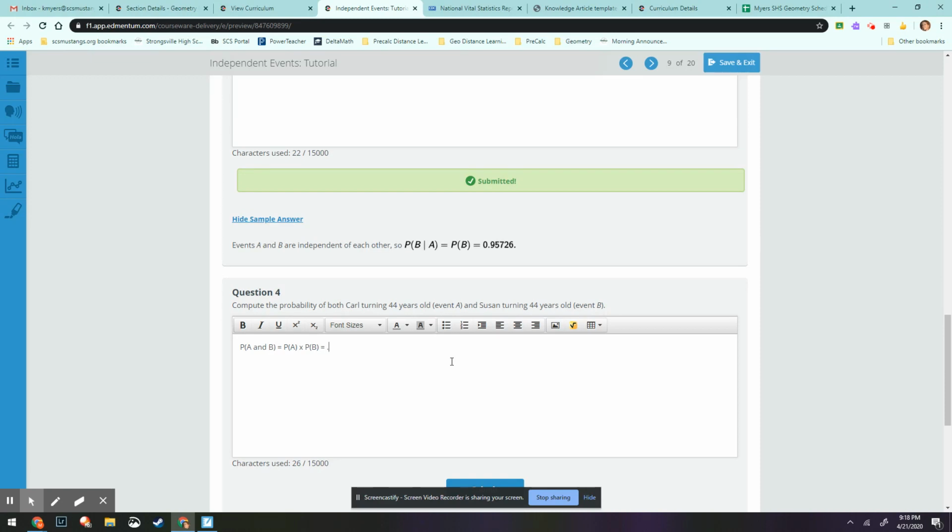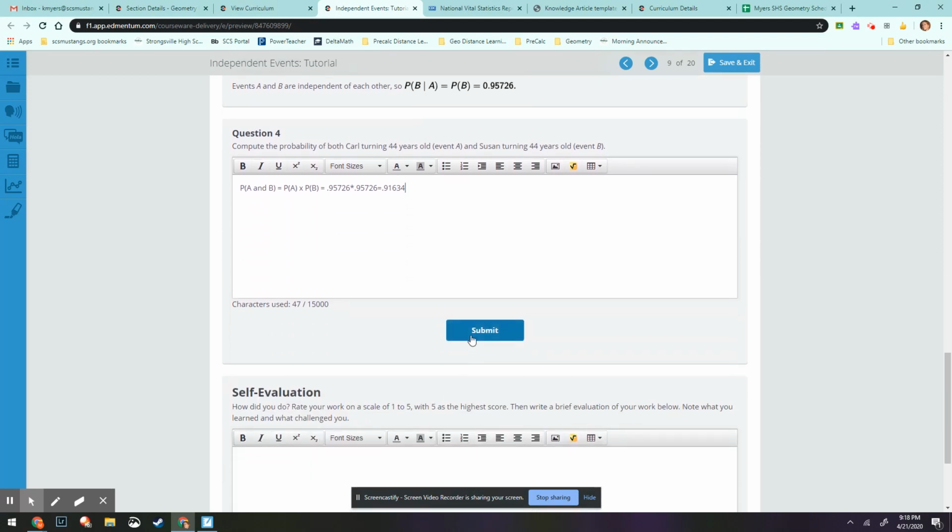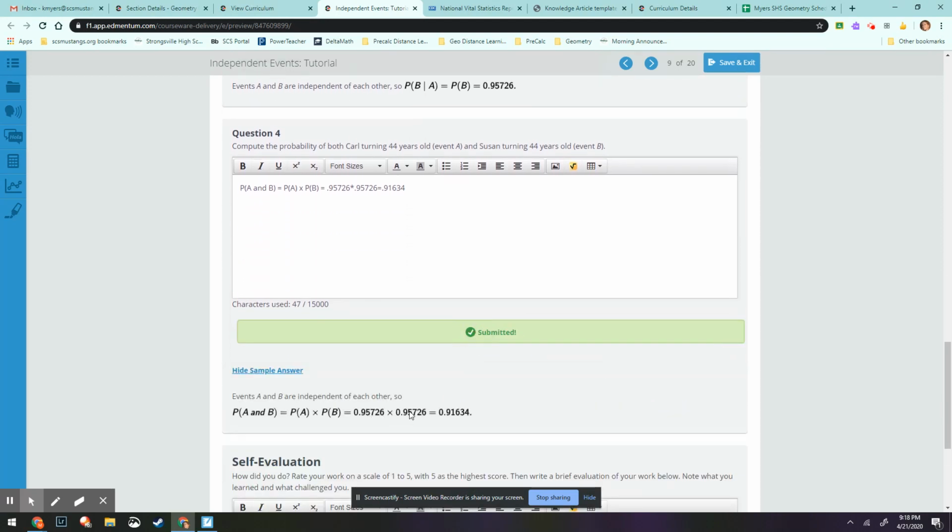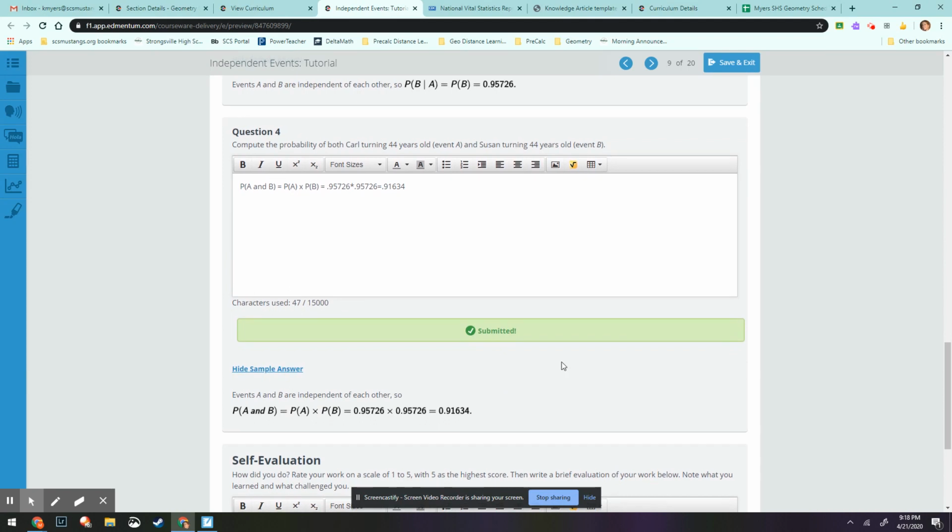So this would be 0.95726 times 0.95726. If you use your handy dandy calculator and work that out, this is what you would get, 0.91634. You're going to multiply the two together, and you can only do that if it's an "and" situation and independent events.